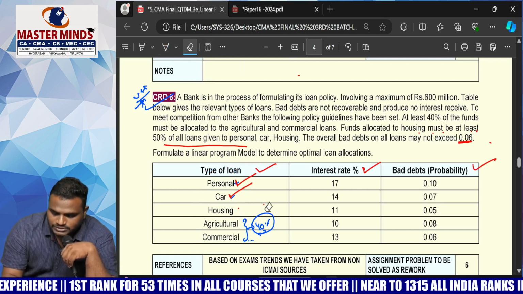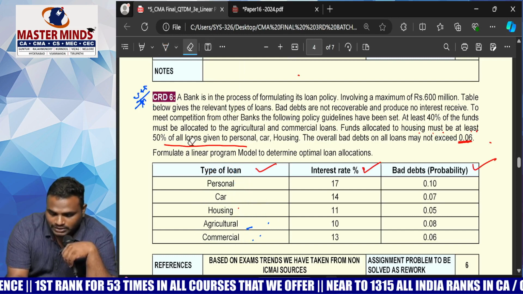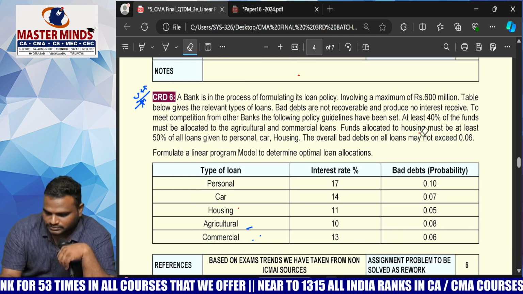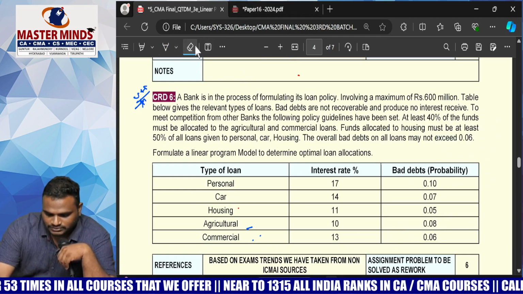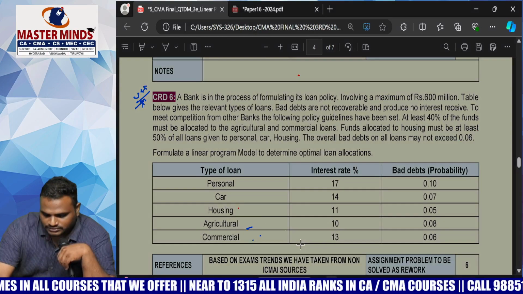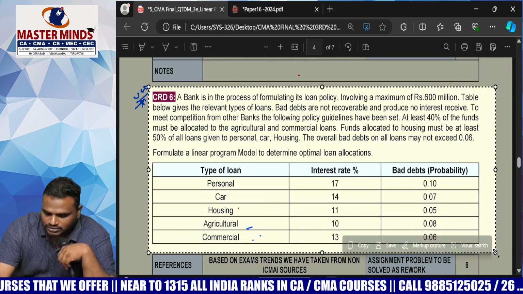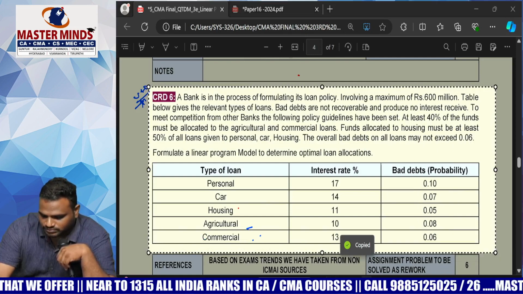Actually, this problem is at CMA inter level, but there the solution is wrong. The interpretation of the problem is what is wrong. Please see here.